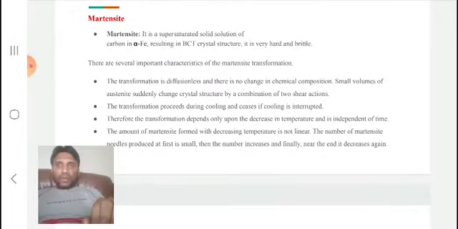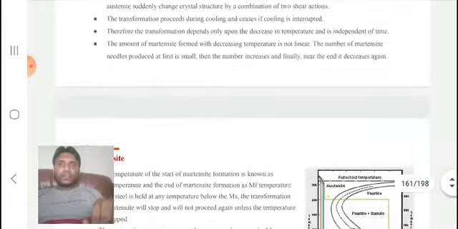The amount of martensite formed with a decreasing temperature is not linear. The number of martensite needles produced at first is small, then the number increases, and finally near the end it decreases again. So this is about the martensite.